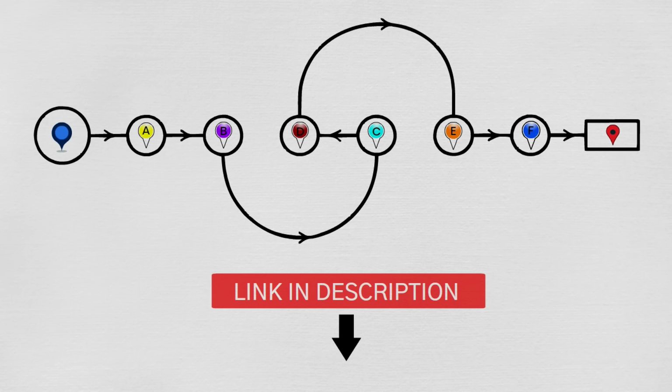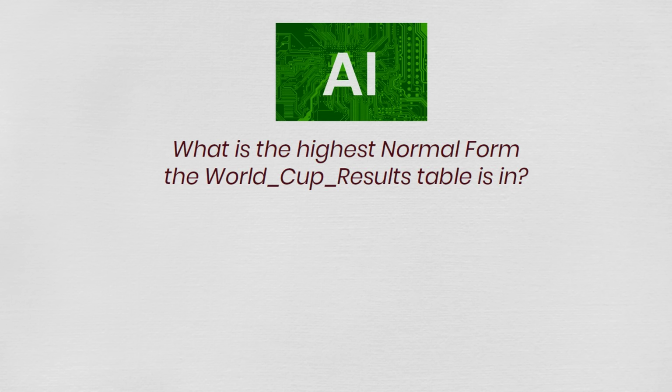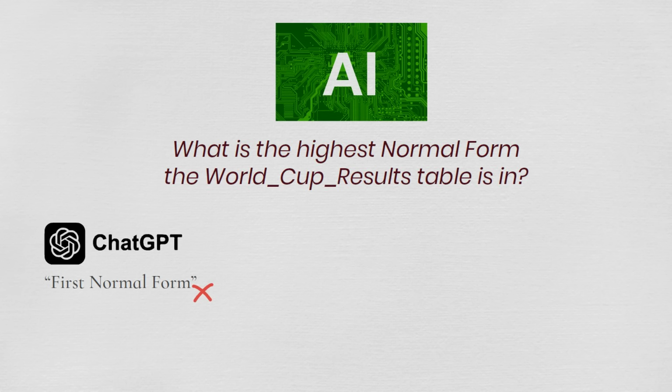One last thing. I mentioned AI chatbots. In the course of making this video, I asked 3 different AIs the question we've just been exploring. What is the highest normal form the World Cup results table is in? These 3 AIs gave me 3 different answers, all of them wrong. ChatGPT said first normal form.